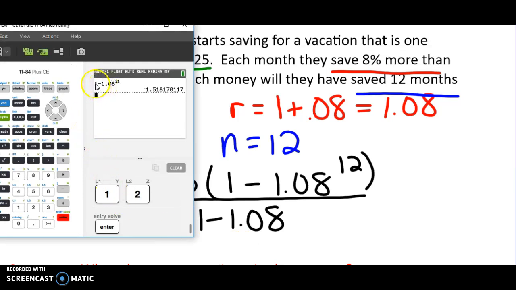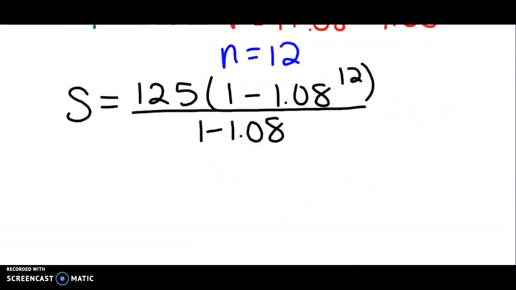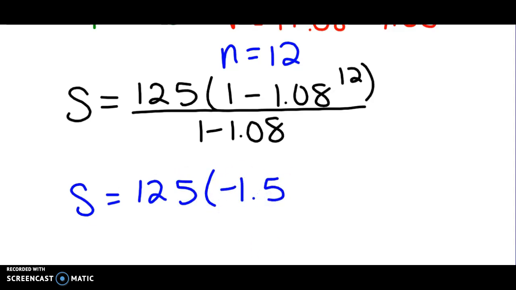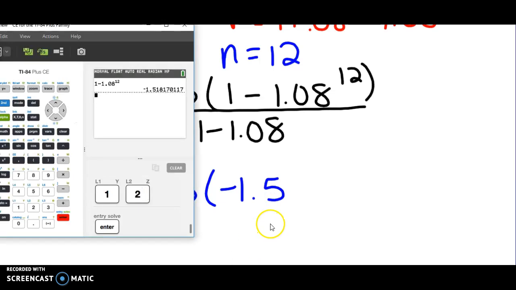If you take 1 and subtract 1.08 raised to the 12th power, you can see that we get negative 1.518 for this value in the parentheses right there. So we are getting 125 times negative 1.518.